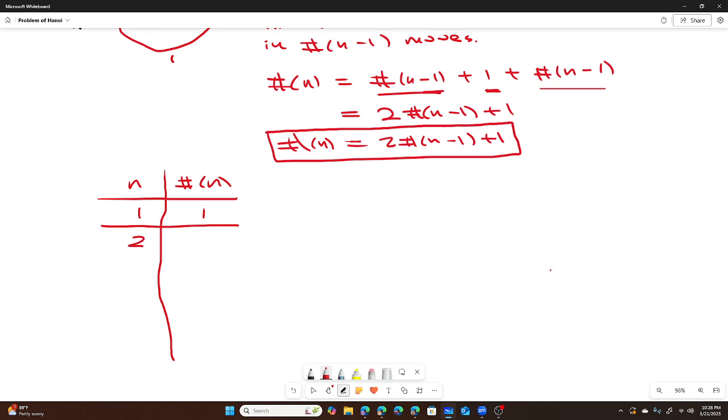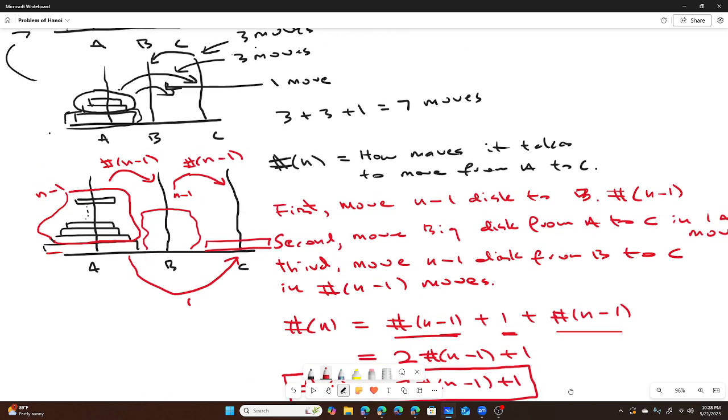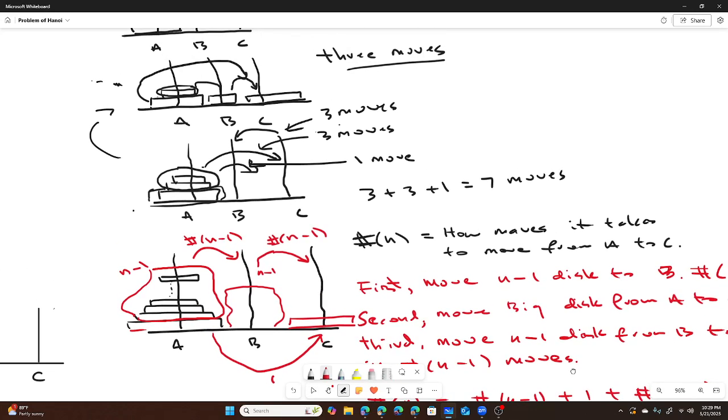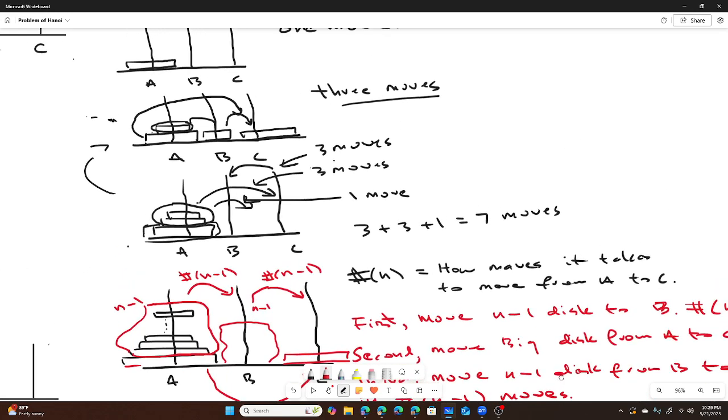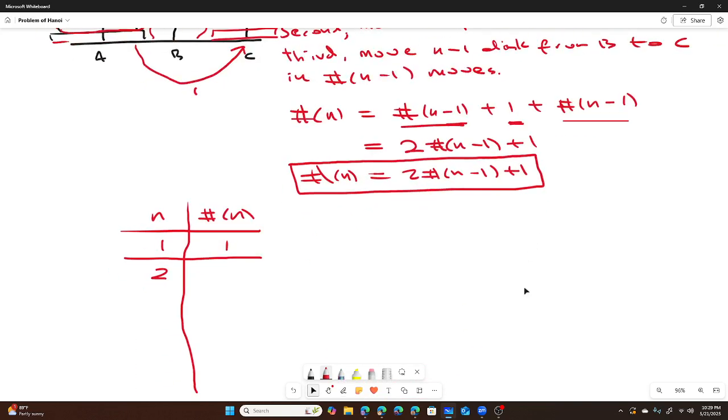If there are two disks, we know that it takes three moves.